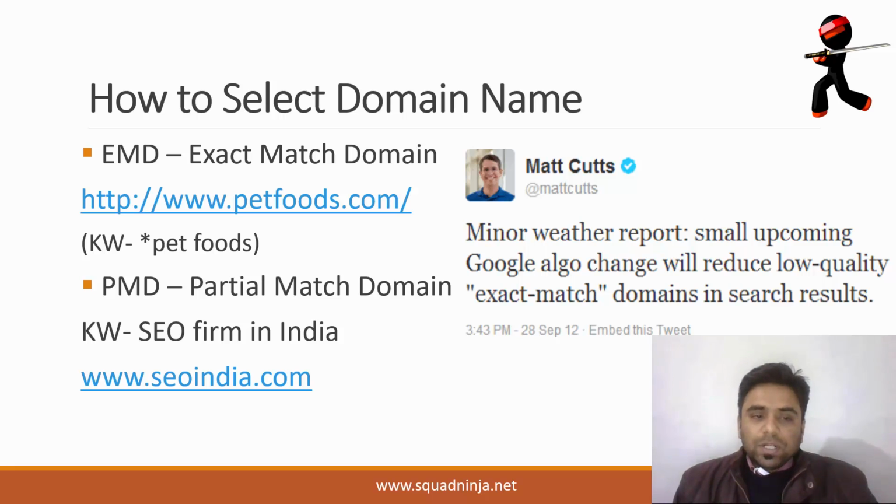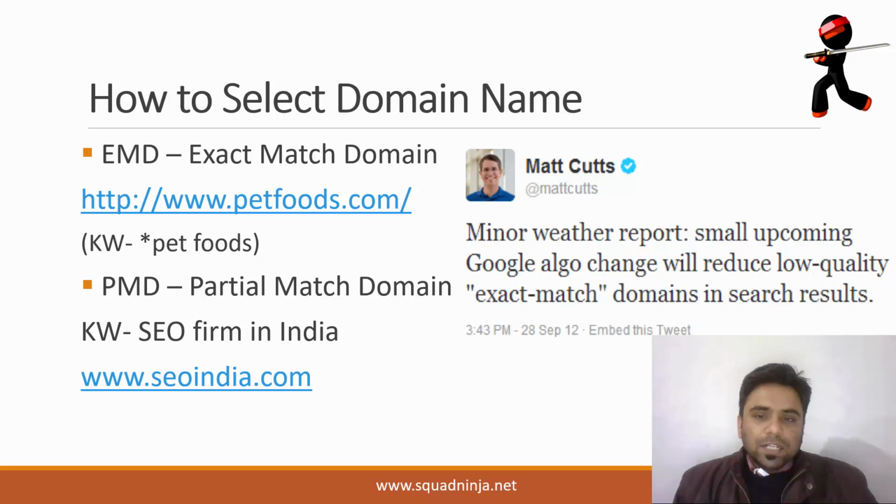And if you are targeting a keyword like SEO firm in India and you have the word SEO in your domain like seoindia.com, then it would be your partial match domain. So exact match domain and partial match domain may help in your SEO initially, but not in the long term.